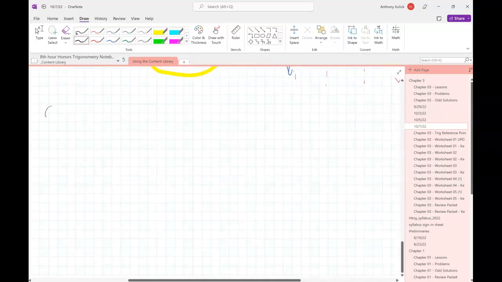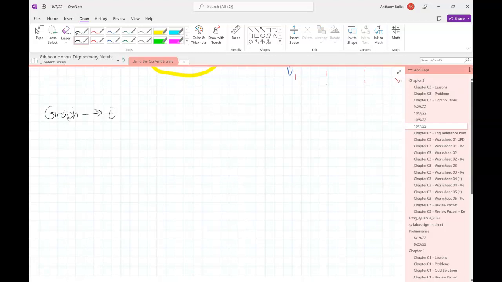What if we want to go from graph back to equation? Let's grab an example of that. Let's see here.